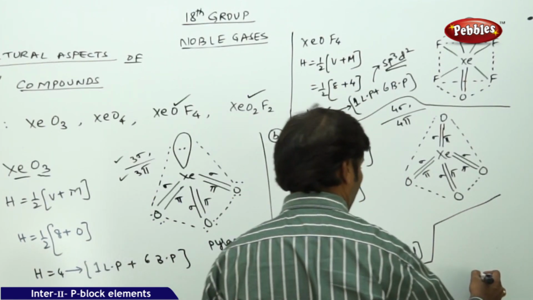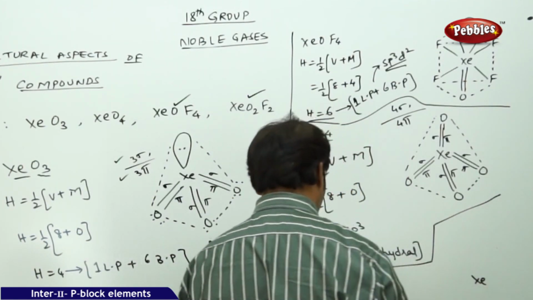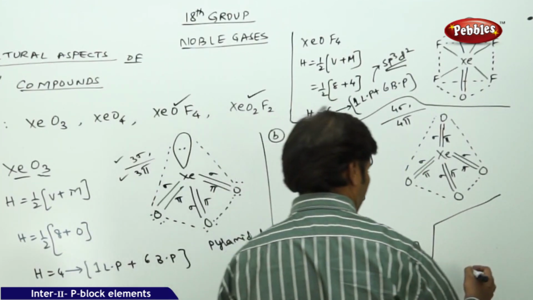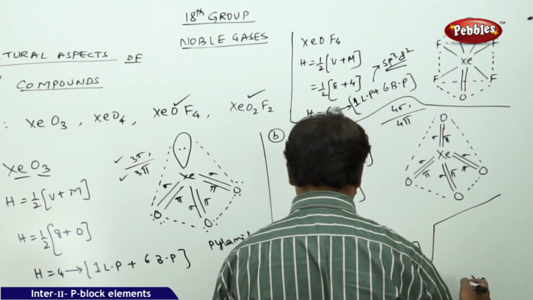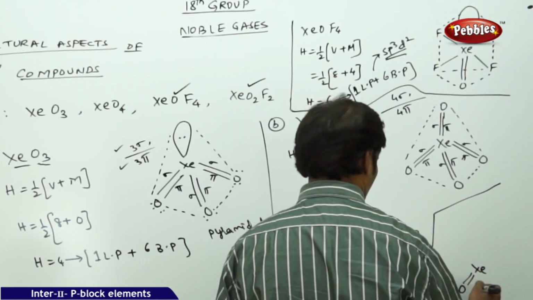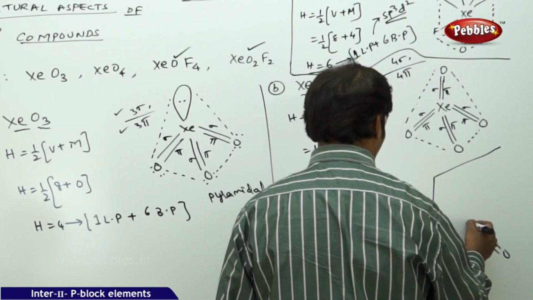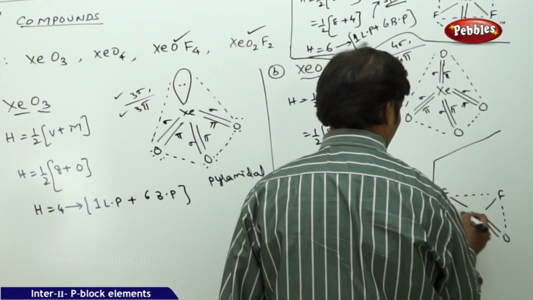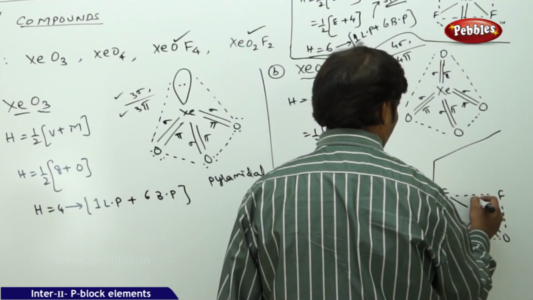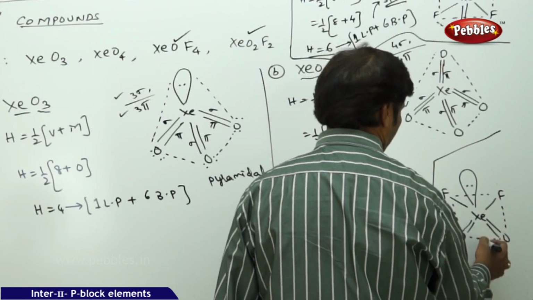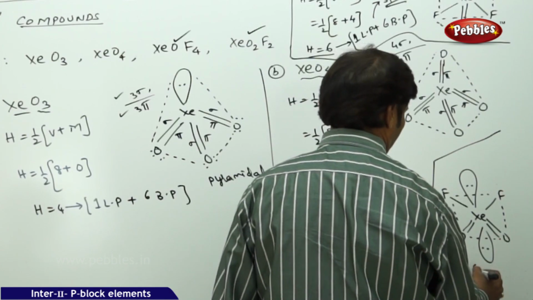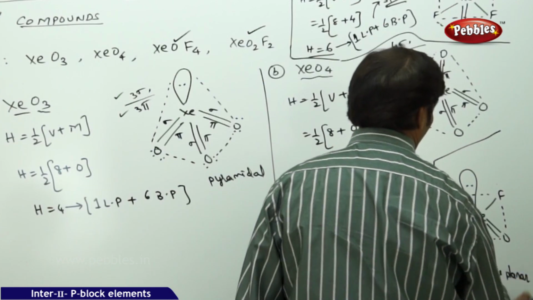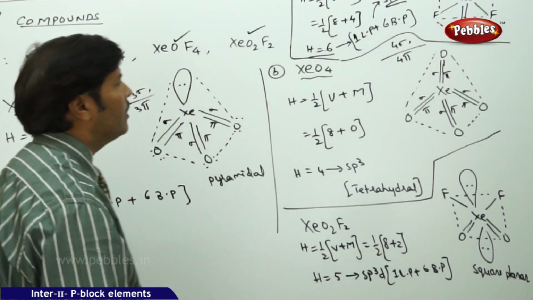So if you go to the structure, you can take the structure like this: 2 oxygens, we can just show it like this, and 2 fluorines we can take. One lone pair you can show like this, and another lone pair like this. This is the shape.